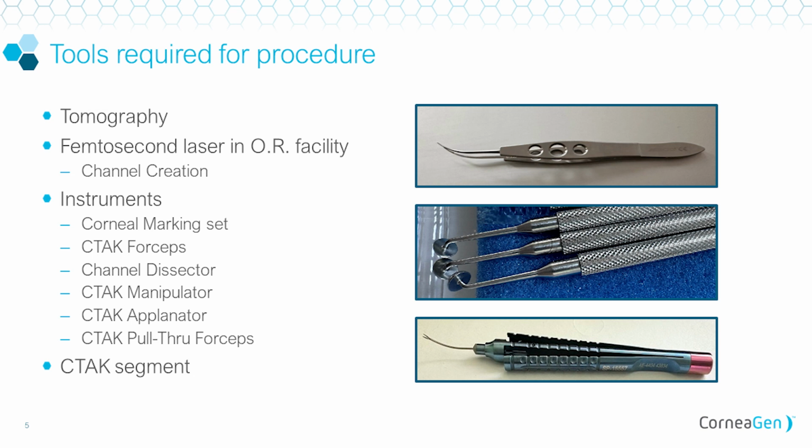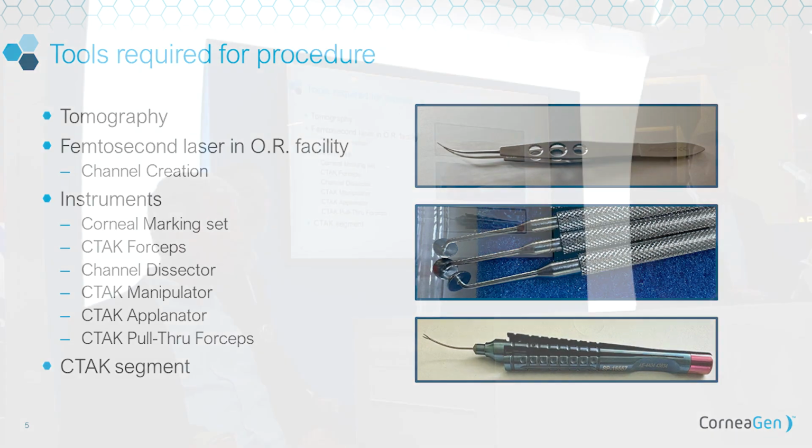Very important is the corneal marking, because the positioning of these inlays is very important. You'll see we have CTAK forceps, channel dissectors, and manipulators, all things to make this a relatively easy procedure. And of course, you'll get the CTAK segment as produced and customized by CorneaGen.